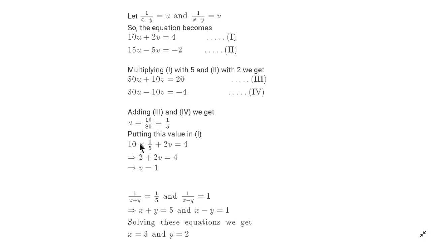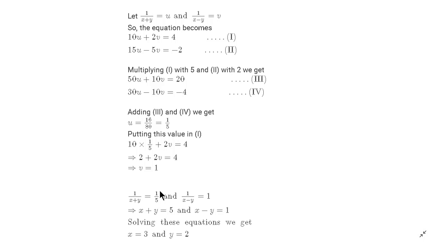So 1 upon x plus y is equal to 1 upon 5. Why 1 upon 5? Because it's the u value. We have assumed 1 upon x plus y is equal to u, and we got the value u is equal to 1 upon 5. So we will give it back. 1 upon x plus y is equal to 1 upon 5, and 1 upon x minus y is equal to 1.